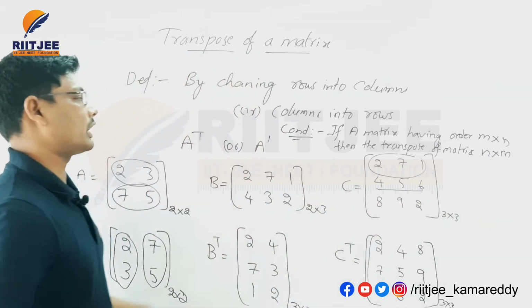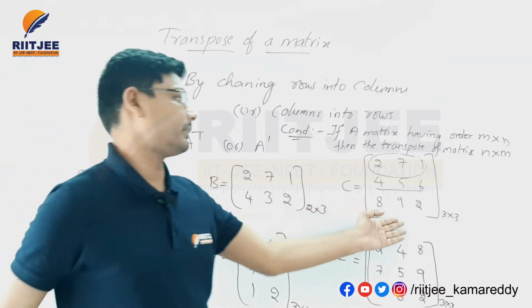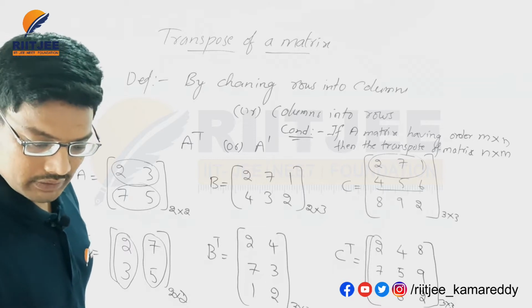This is all about transpose of a matrix. Here we had a 2 by 2 matrix, a 2 by 3 matrix and a 3 by 3 matrix. These are the transposes of the matrices. Here you can go through this.